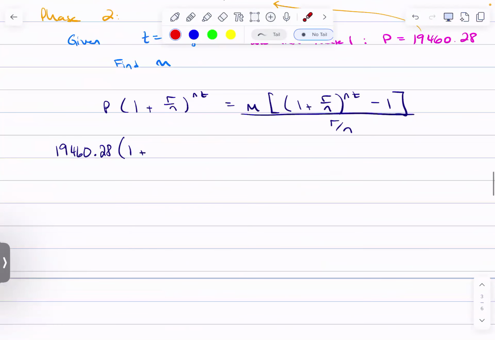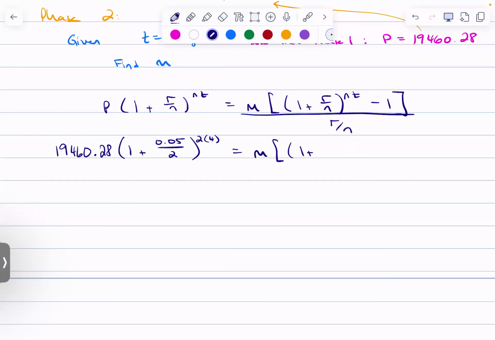And so 0.05 semi-annually divided by 2, and then N is 2 and T is 4 now. M times 1 plus 0.05 divided by 2 to the power of 2 times 4 minus 1 divided by 0.05 divided by 2.